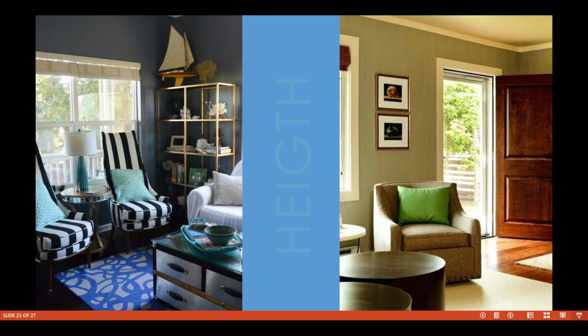Here you can see how a regular sized ceiling has been matched with a slightly taller door, and the sofa proportionately sits at less than half the height of the room.